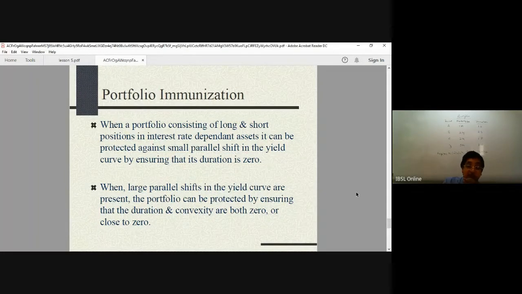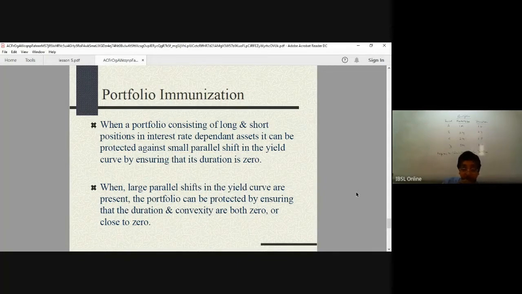There is another concept discussed here: a small parallel shift in the yield curve. This is also a very important point to note. If you were in front of me, it would be very easy for me to explain these things, but anyway, I will try to explain them on the board. This parallel yield curve shift or whatever.